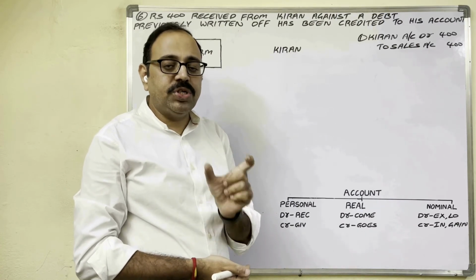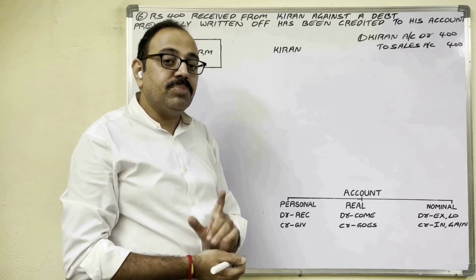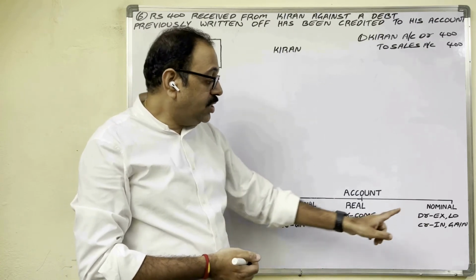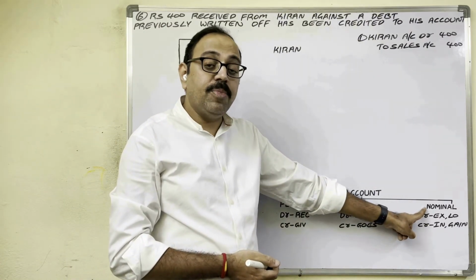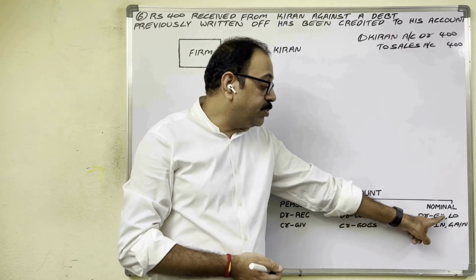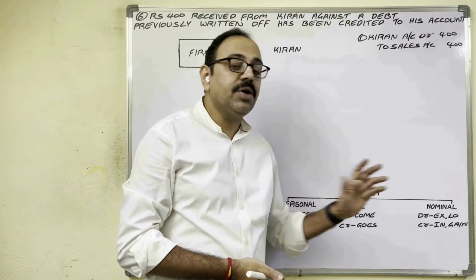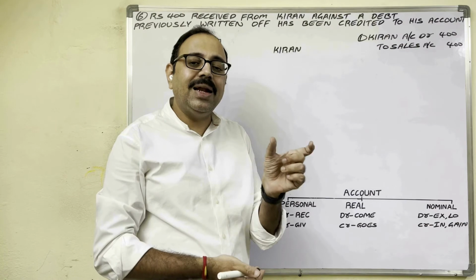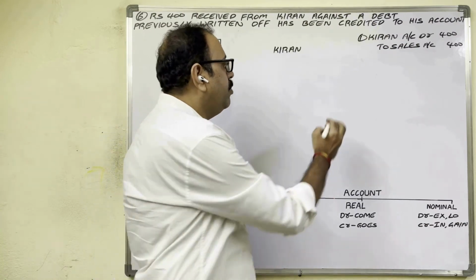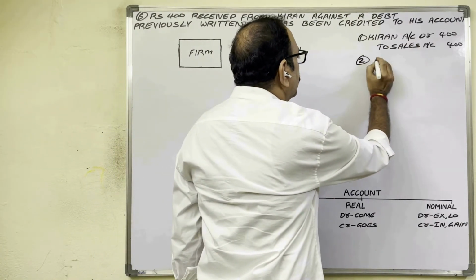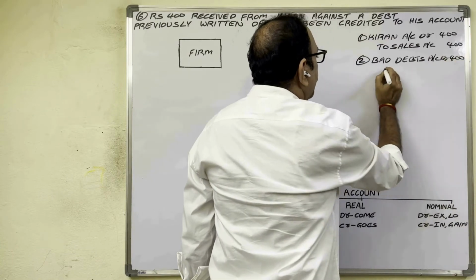Bad debt account we should open. Bad debt account comes under loss. Losses are nominal accounts. Nominal account rule: debit all expenses and losses, credit all incomes and gains. As bad debt is a loss, we should debit bad debt account. Loss amount is 400.